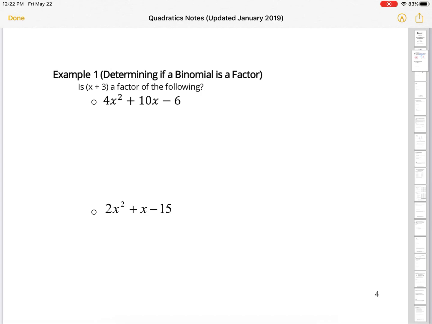So, determining if a binomial is a factor. The only way you can really do this is by factoring. So take a look at your question and you want to factor. Now, I like to say common factor first.